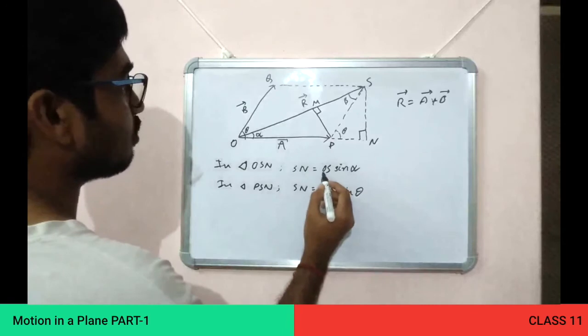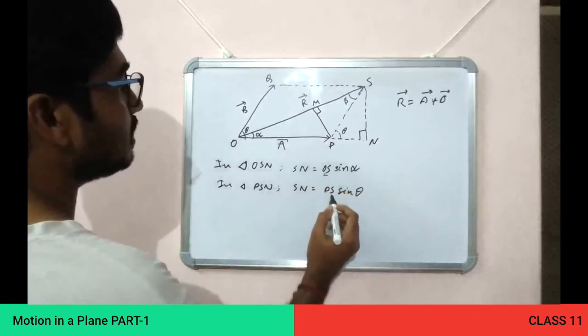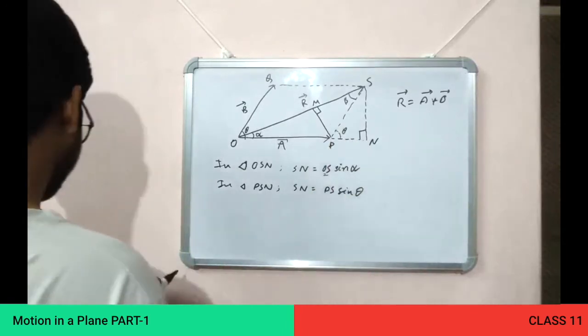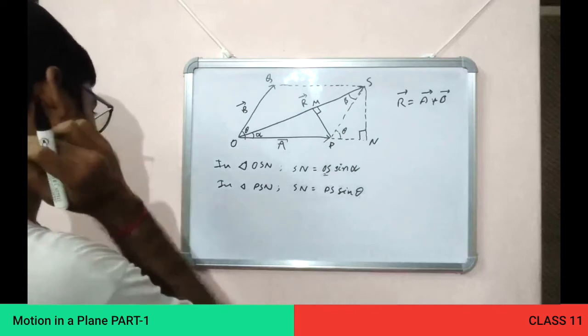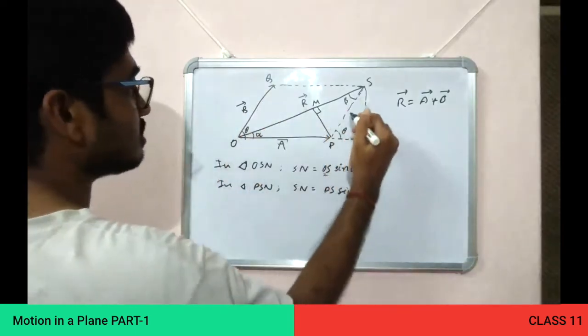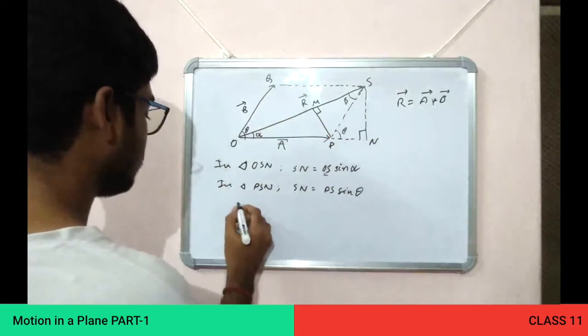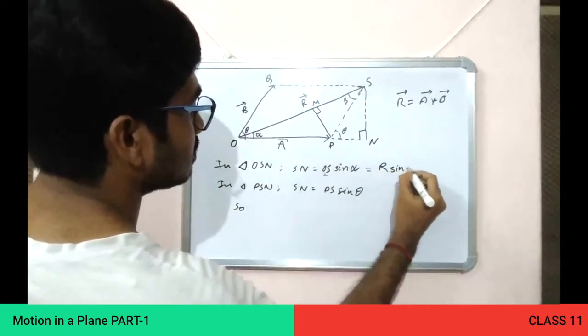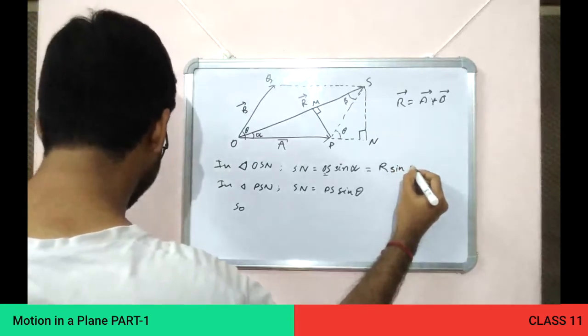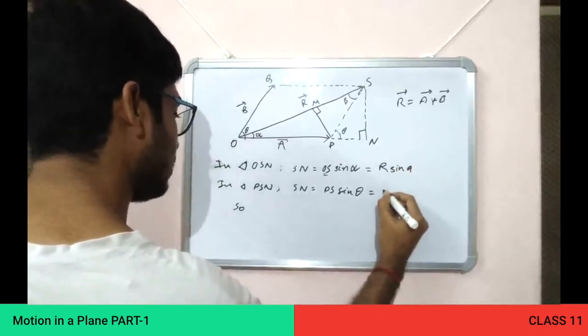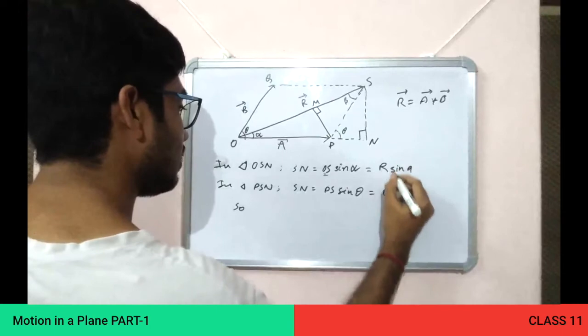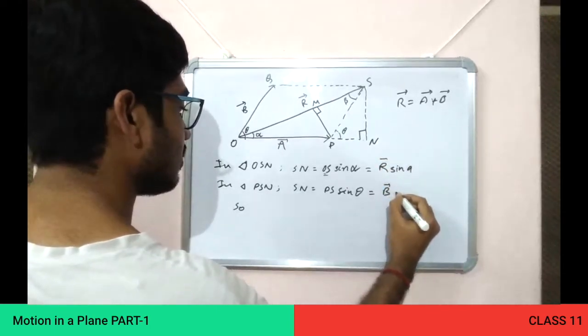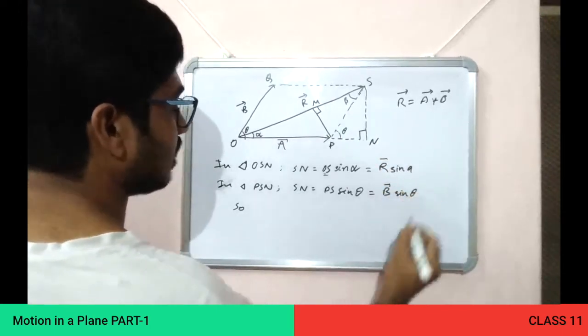OS is equal to R, and PS is equal to what? This is B, and so this is also B. So this comes R sin alpha, and this comes B sin theta.